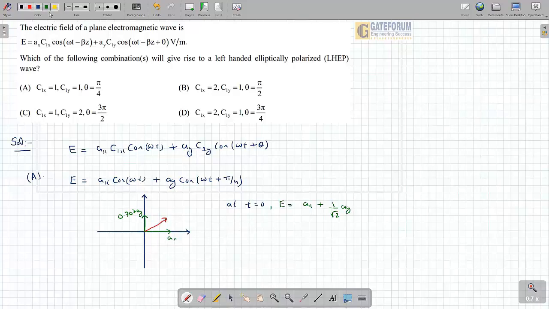Now at t equal to pi by 4 omega. E will become, if you put t equal to pi by 4 omega here, so our omega t is equal to pi by 4.